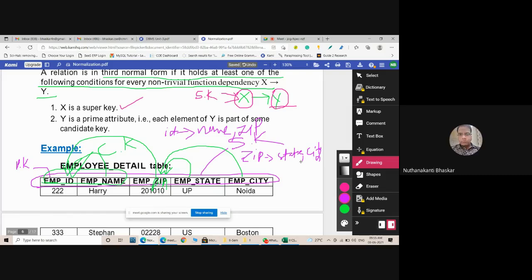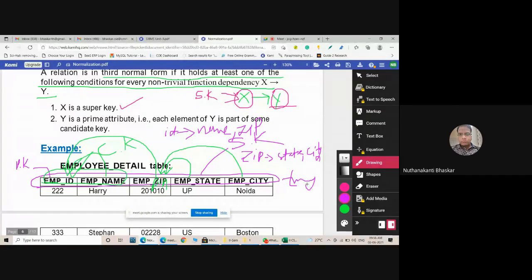Yes, sir. What is the transitivity? Tell me. ID determines name and zip, and zip determines state and city. Then you can write directly ID determines state and city. So we got a transitive dependency.